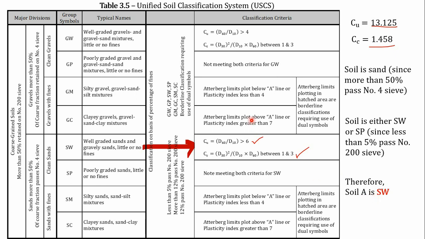Okay, it is not allowed, class, that you only check one. Okay, it needs both, class. If there is a failed criterion here, class, therefore it belongs to SP. Okay, because it says here that it is not meeting both criteria for SW. Okay, when both criteria are not met, class, it will not directly say that your soil is SW.